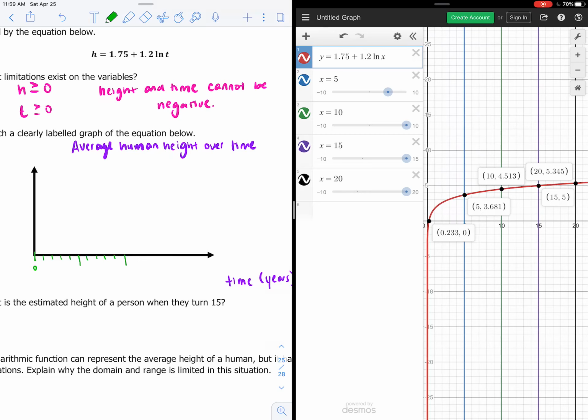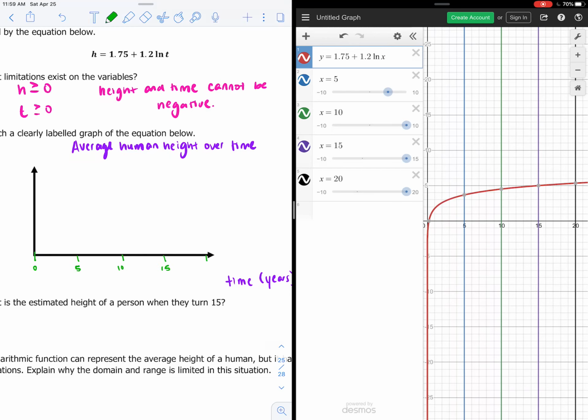Oh, I think those last sections were a little bit bigger. Ah, you're right. It doesn't look great. Let's try it again. Maybe if I just go up by 5s. 5, 10, 15, 20. I think that looks better.